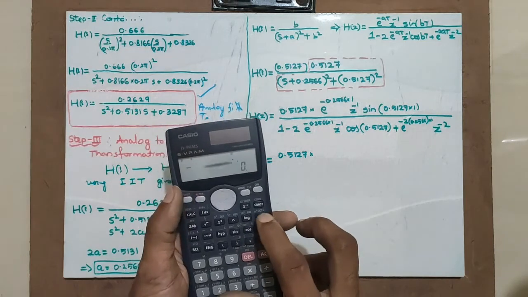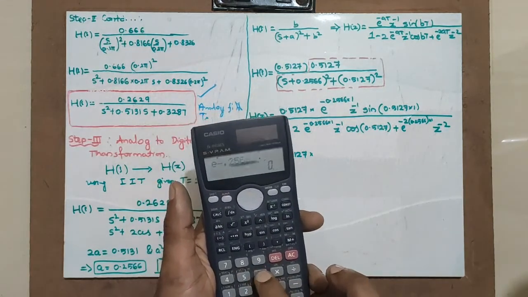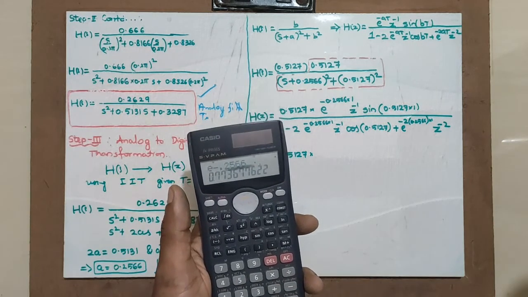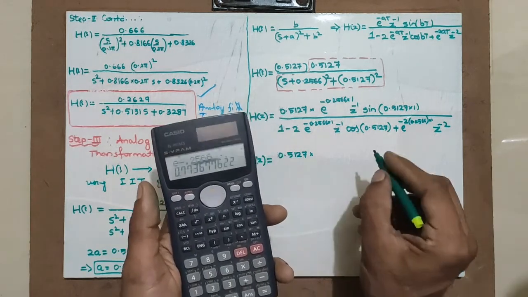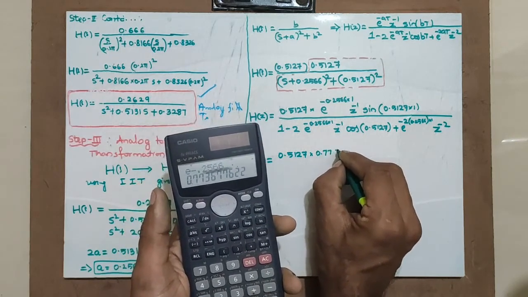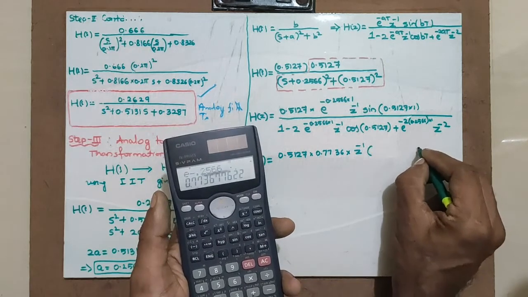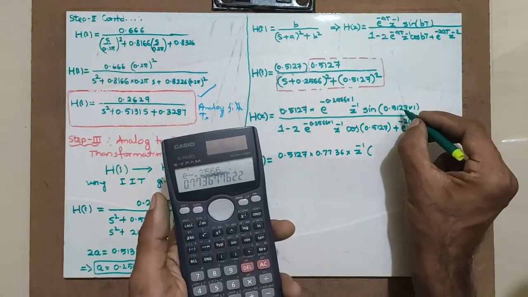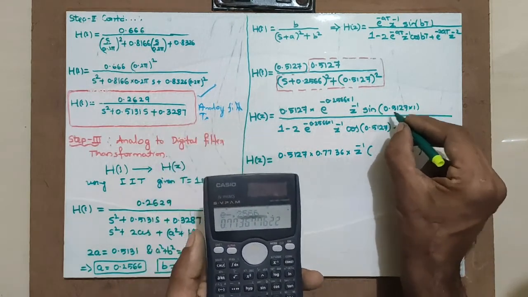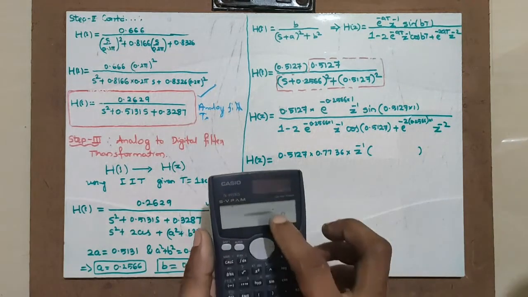H of z, I have again written 0.5127 into, you have to use the calculator. Shift ln minus 0.2566 is equal to 0.7736, so 0.7736 into z raised to minus 1. And next, I will write sine 0.5127. I am already in radians mode, as covered in previous sessions.